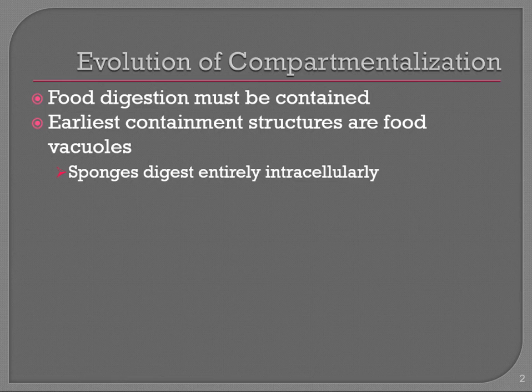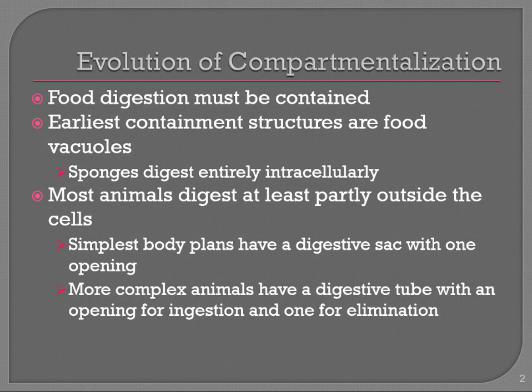But as time goes on, there is the evolution of digestion going on outside of the cells. And the simplest body plans actually have a digestive sac with one opening. And the more complex the organism, the more complex the digestive tube.